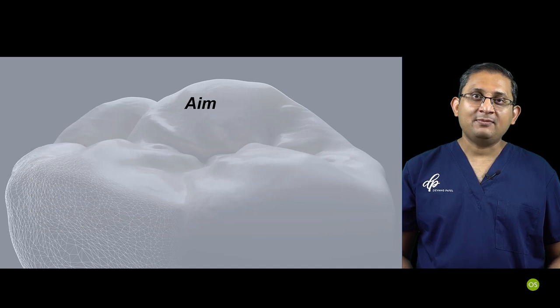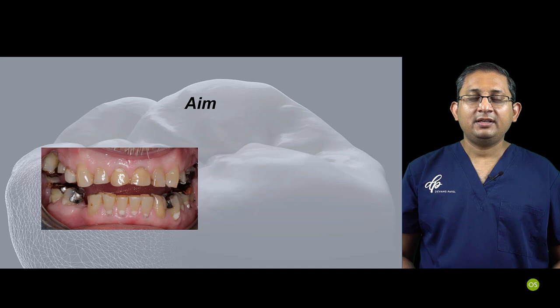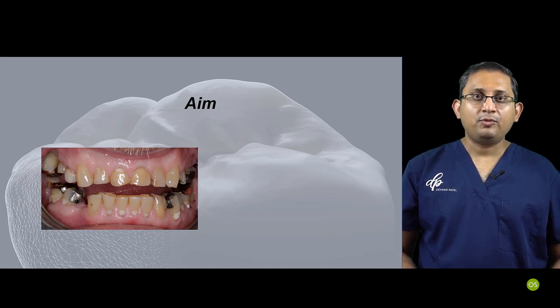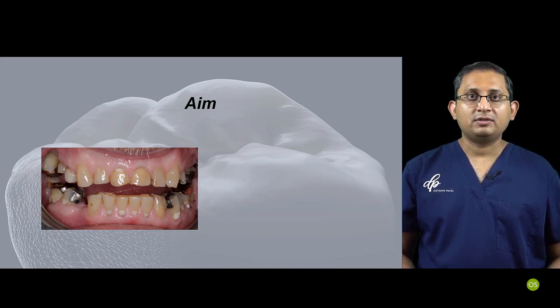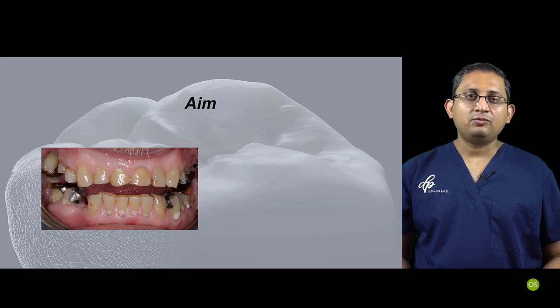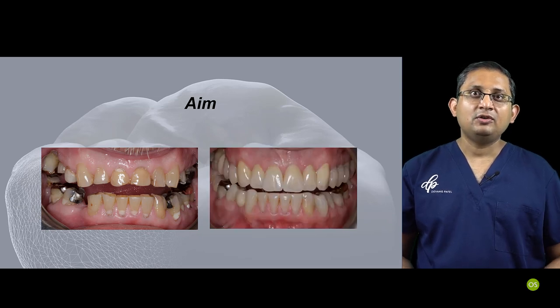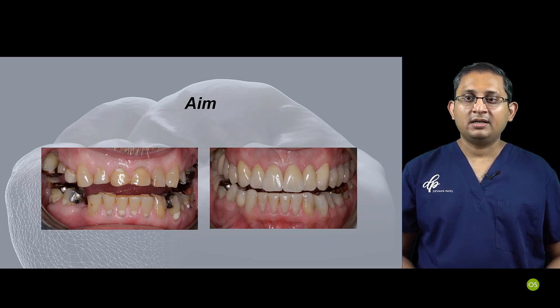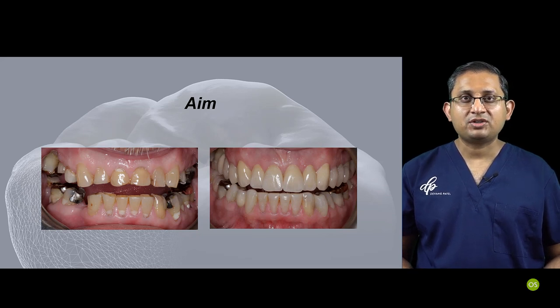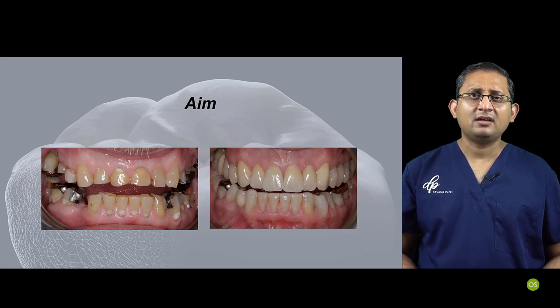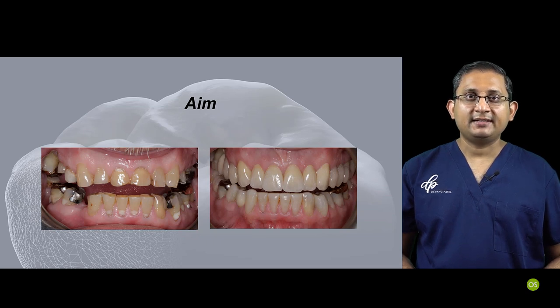So what is our aim? Our aim is to restore patients' function in such a way that when you are finished with the patient, you look at the case and think you have restored the dentition so the patient functions without showing signs of fracture, dysfunction, pain, mobility, and more importantly, failure of aesthetics.